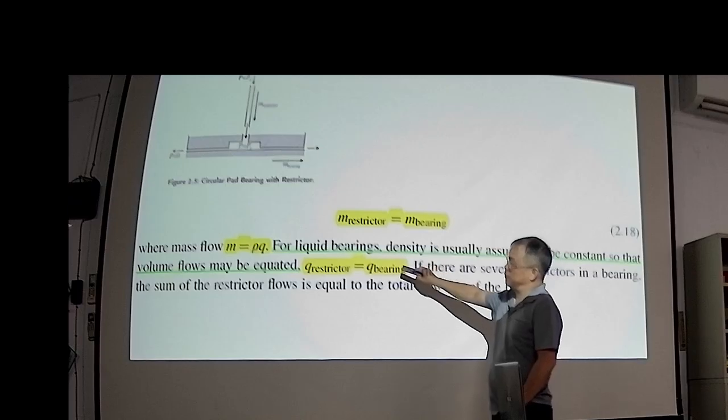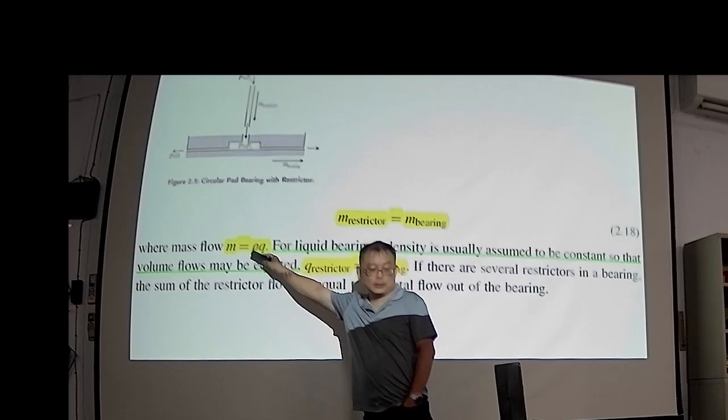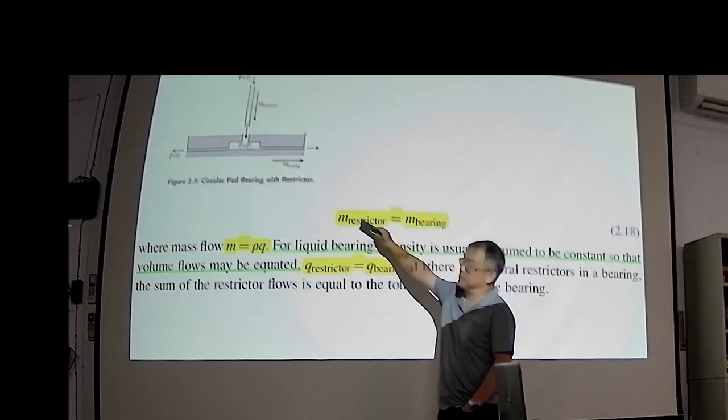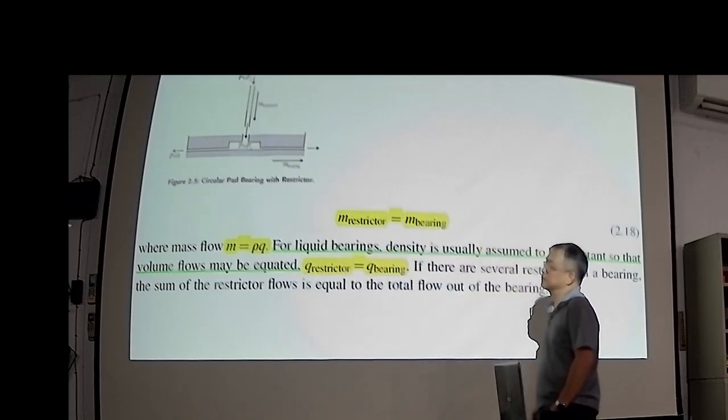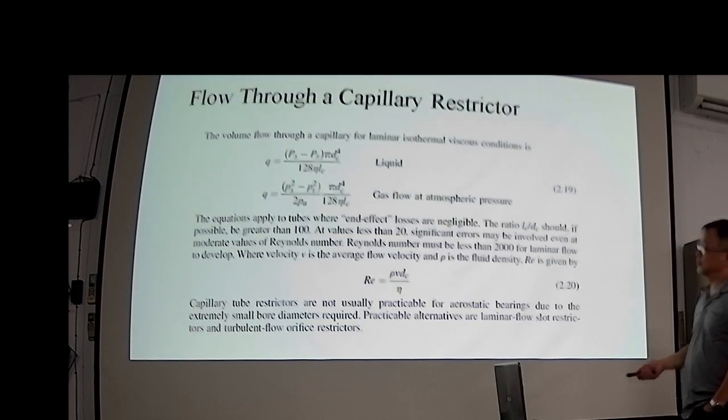The volume flow rate multiplied by the density of the lubricant will be equal to the mass flow rate. So in this case, we can derive the volume flow rate for the hydrostatic bearing and for the air bearing.